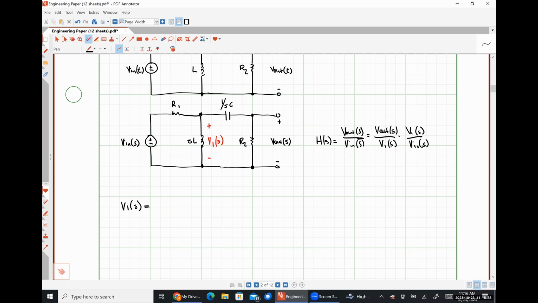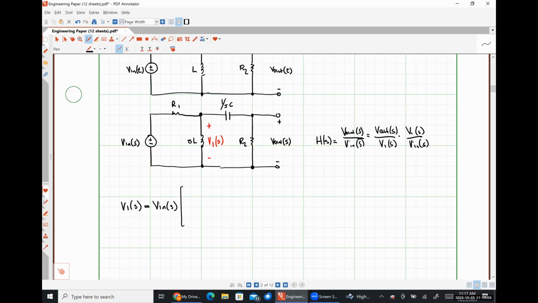So using voltage division, I'm going to say that V1 is Vin multiplied by, so now I want the impedance that I'm trying to find the voltage drop over, which to me is this impedance SL in parallel with the series combination of R2 and 1 over SC.